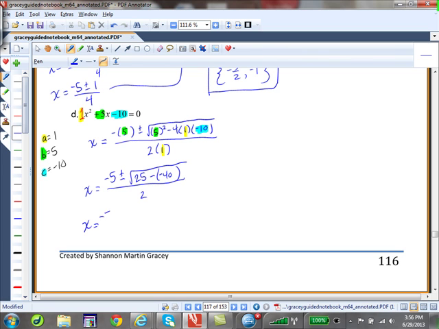So x is negative 5 plus or minus the square root of 25 minus a minus 40 is 65. And then 2. Now let's see, 5 divides 65, but it's only going to be what? 5 times 13. So there's no perfect squares in there. So we are done. We get negative 5 plus or minus root 65 all over 2.